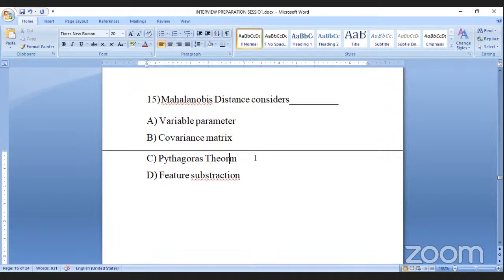C, B, B. Okay, others. Covariance matrix, B. Yes, friends, wonderful. So let's move to the answers. Any others, please?